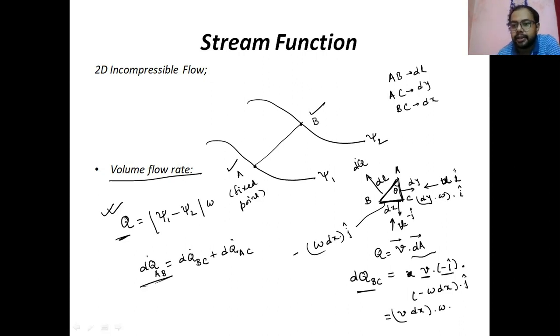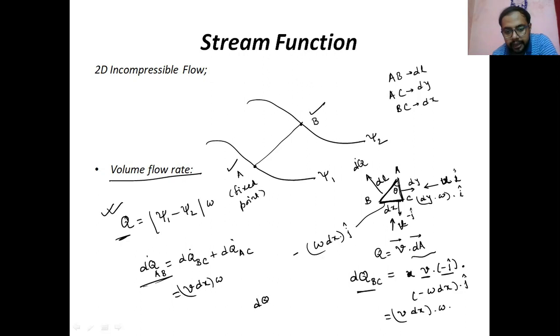That is the consideration we are taking here. Through BC, it is V dx into W. Across AC, how much is coming?